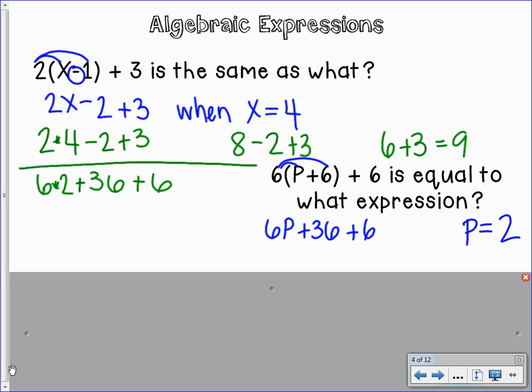So we start 6 times 2 is 12. The rest all stays the same. 12 plus 36 is 48. The only part I haven't done is this last plus 6. 48 plus 6 is 54.